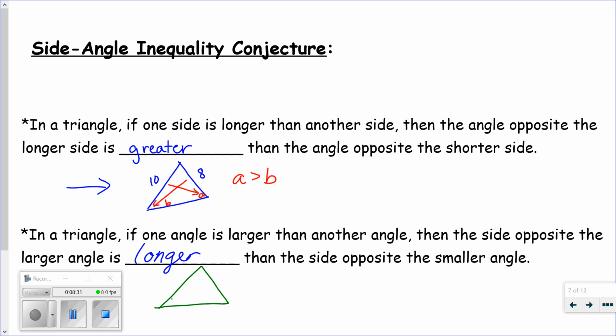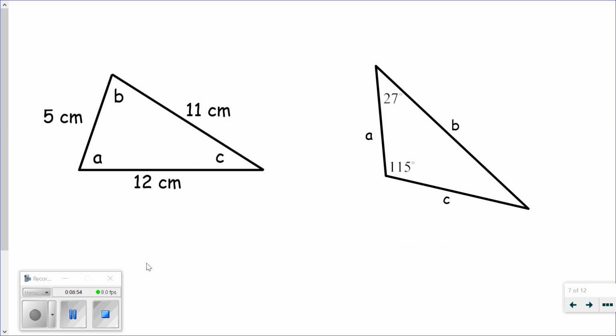Let's say this is 30 degrees, and this one is 45 degrees, and I call this A, and I call this B. Well, which side is longer? A is the longer side because it is opposite the larger angle. So that's what we mean by that.